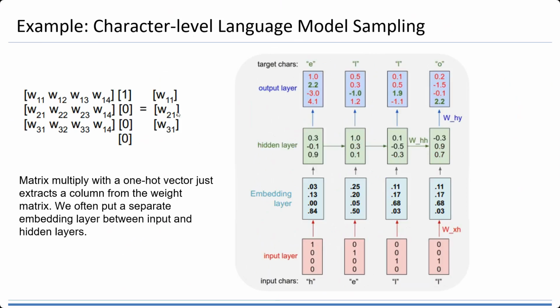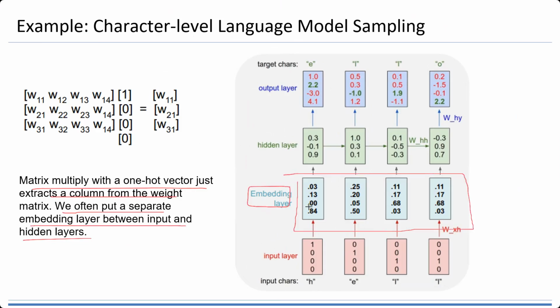So we can do many things about this one. Maybe you can do it with matrix multiplication with a one-hot vector, which just extracts a column from the weight matrix. So we often put a separate embedding layer between the input and hidden layer.